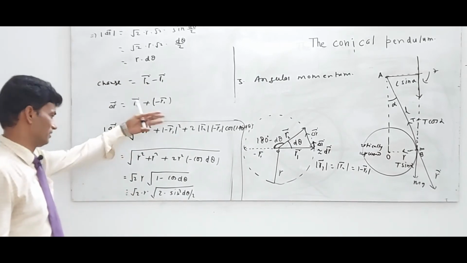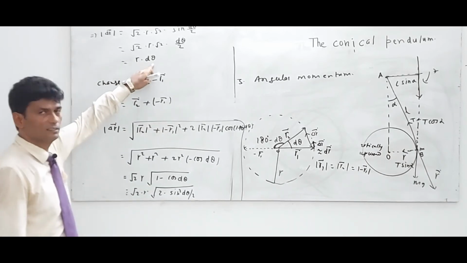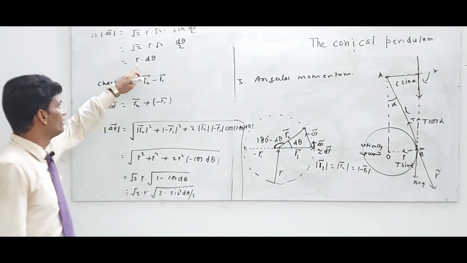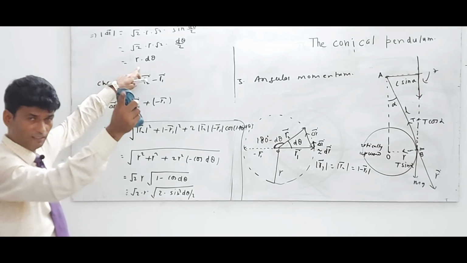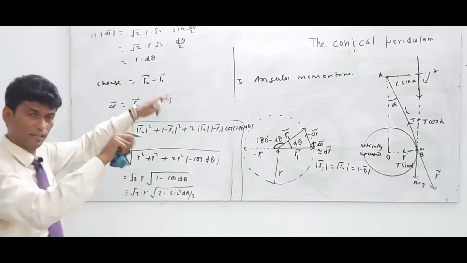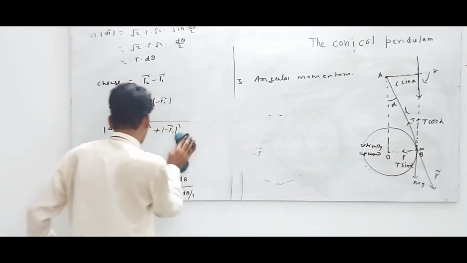Just we are going to apply this result there. So what is the result here? R d theta. What does it mean? In case of the rotation of the angular momentum vector, L d theta. Look at how and why. So in this way we are going to use this result.